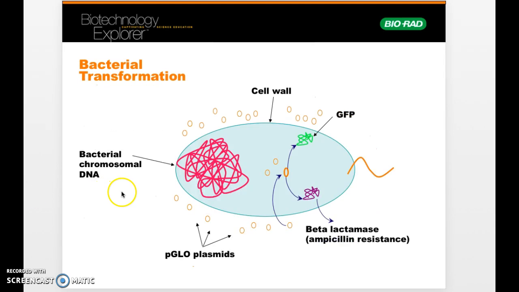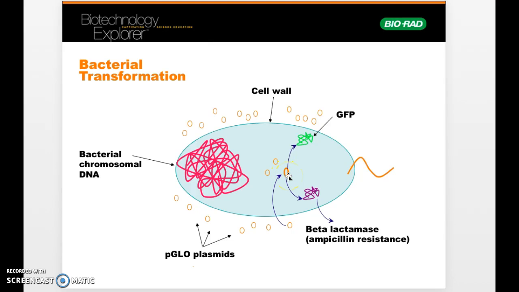All right. So here we have the bacterial transformation picture. We have a bacteria and we have a whole bunch of plasmids that are ready to be taken in by the bacteria. So we're going to do the ice and then heat shock and ice again in order to make the bacterial membrane permeable for the plasmid so that the plasmid can be taken in by some of the bacteria.